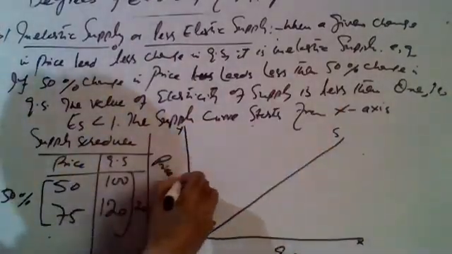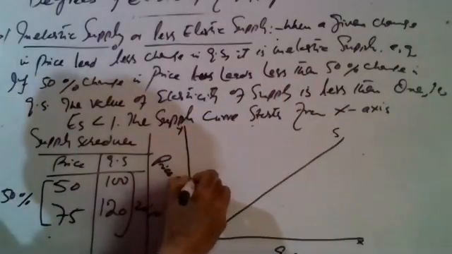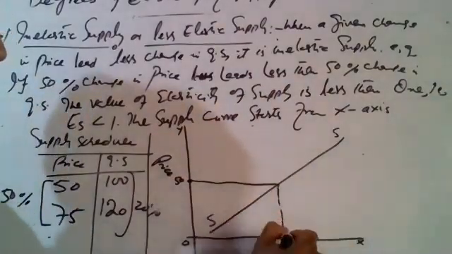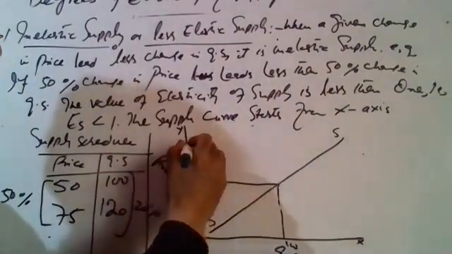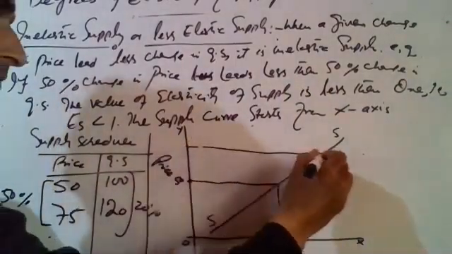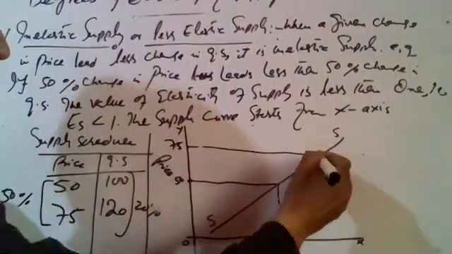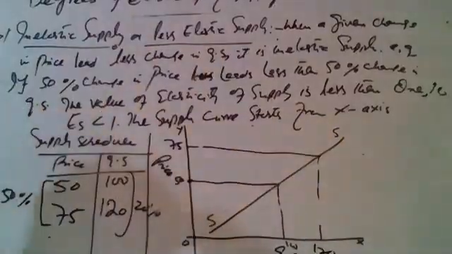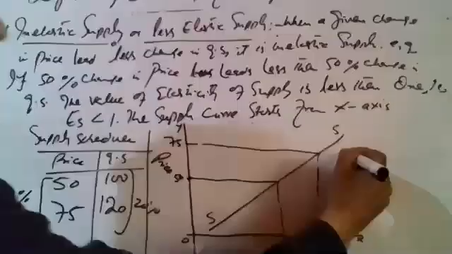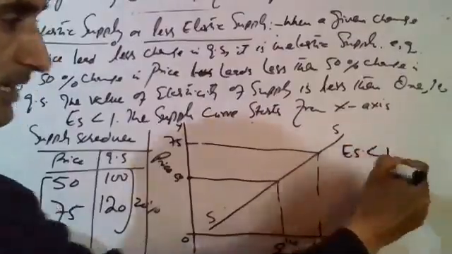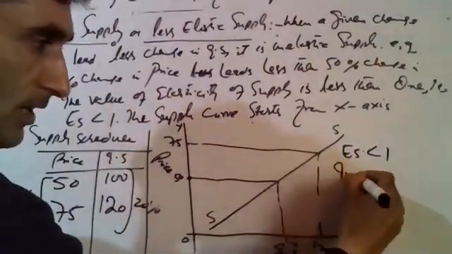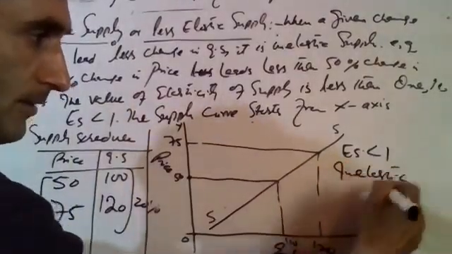Price here, for example, is 50 and supply 100; price goes to 75 and supply goes to, for example, 120. This is the case of inelastic supply. Elasticity of supply is less than 1.